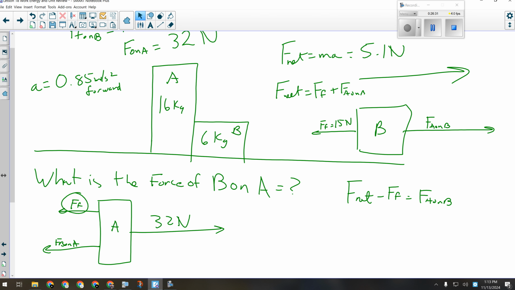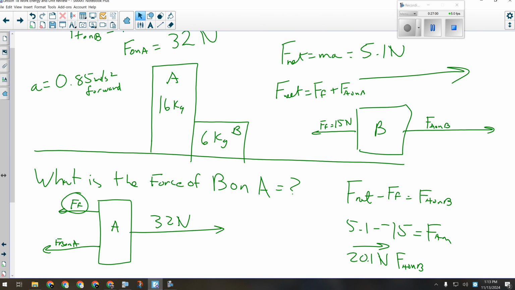Everybody okay with what I did there? That's just the vector sum of all forces. So I'm going to take that 5.1 newtons forward and subtract negative 15, and I'll get the force forward. I'm going to get 20.1 newtons as the force of A on B, and that will be forwards.